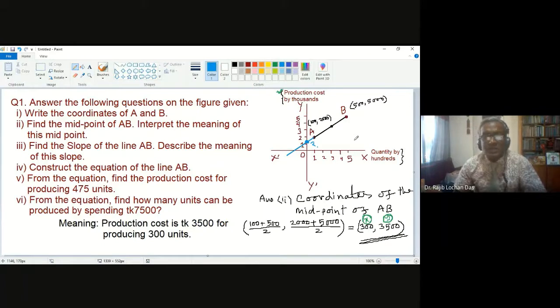Anyone has any idea? What is the x value and y value of that point?